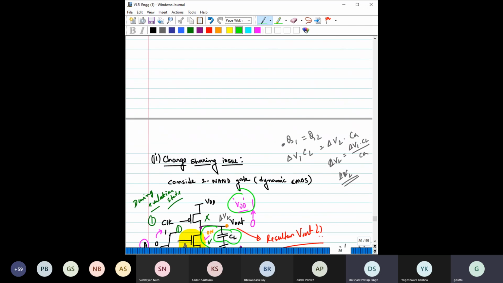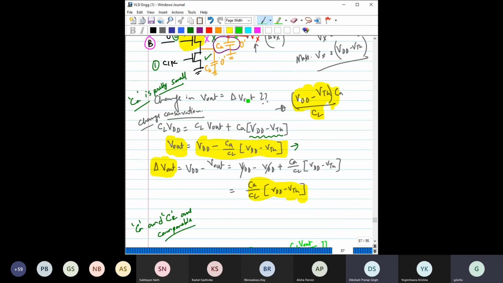Then whatever we have written yesterday still holds: the initial charge was CL into VDD, which would be equal to the final charge. The final charge is the charge stored in this CL, which is CL into V out, plus the charge in this CA node capacitor, which is CA into VDD minus VTH.